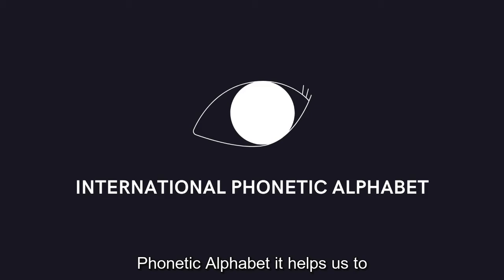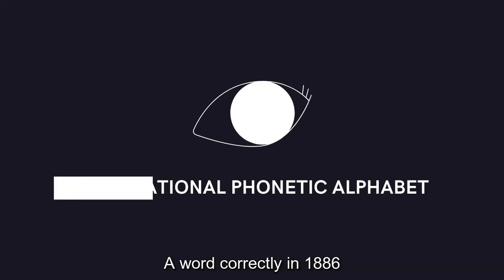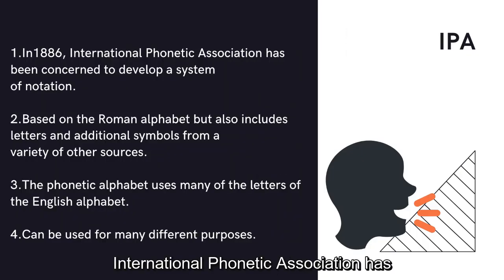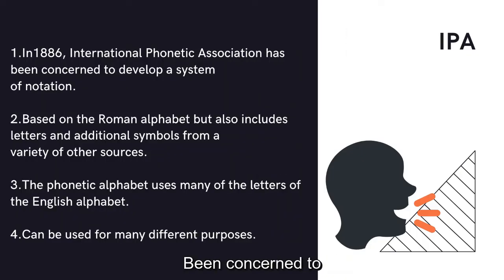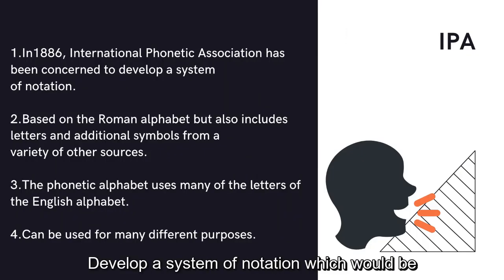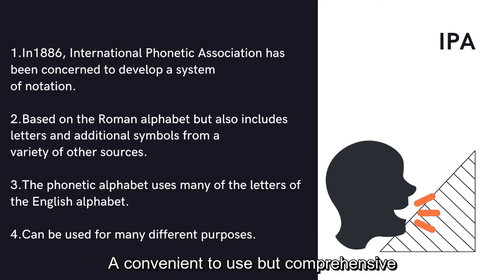It helps us to pronounce a word correctly. In 1886, the International Phonetic Association was concerned to develop a system of notation which would be convenient to use, but comprehensive enough to cope with the wide variety of sounds found in the languages of the world.